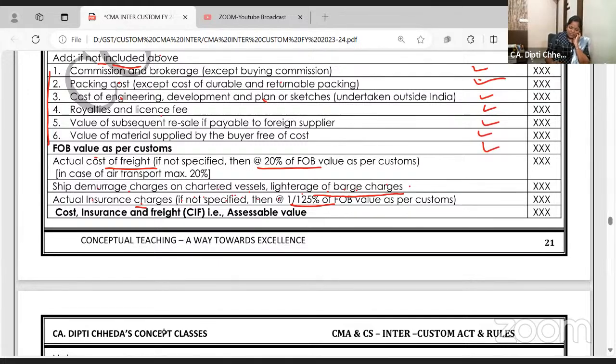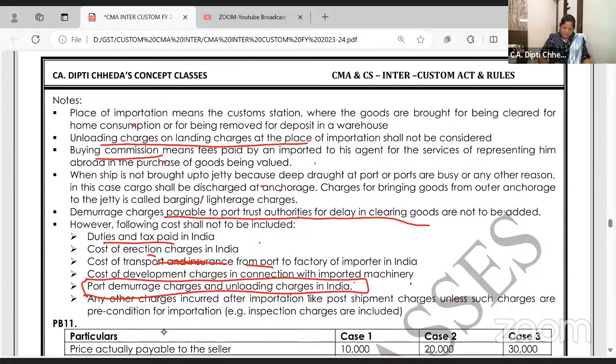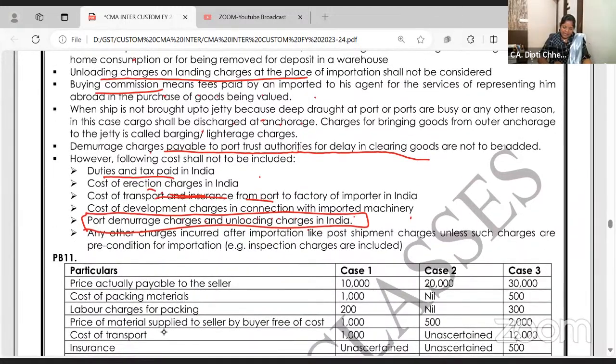Ship demurrage charges on chartered vessel, when it is still there, goods are still there. Any other charges incurred after importation you will not take, unless inspection charges. Inspection charges are pre-decided, because once we import we have to pay the inspection charges and only then will it move. So that one we will take.